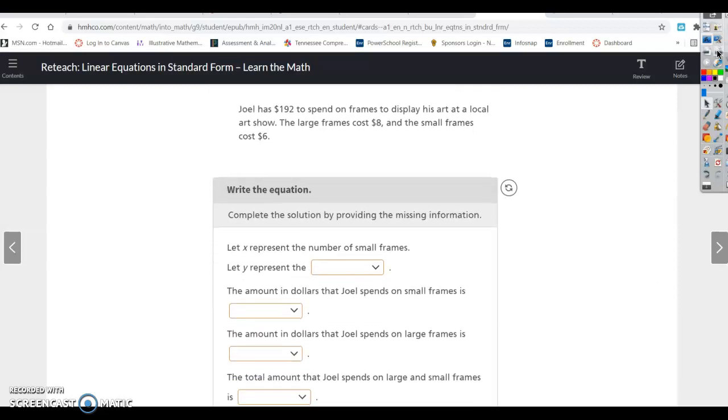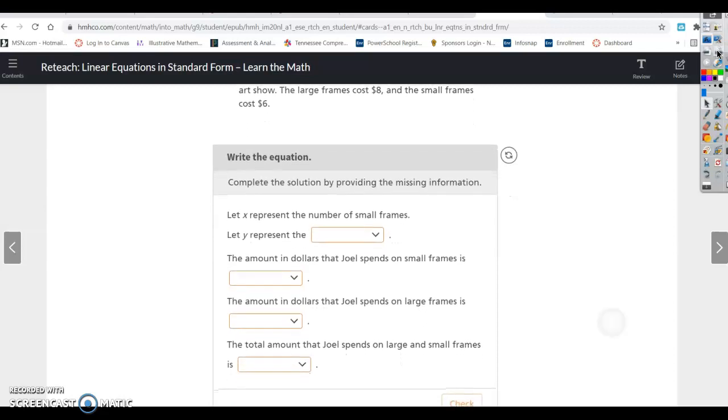Example: Joel has $192 to spend on frames to display his art at the local art show. The large frames cost $8 and the small frames cost $6. So that's information that we need to remember: $192 to spend, large frames are $8, small frames are $6.